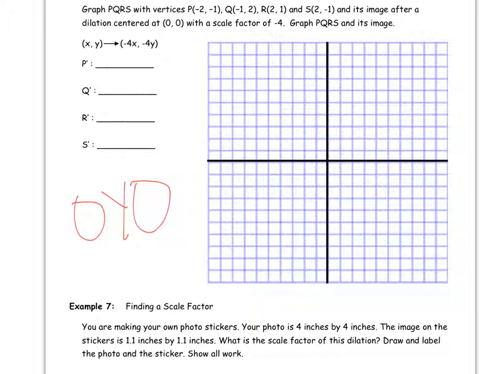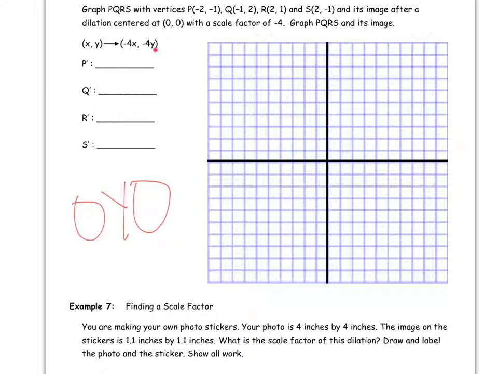Alright, so for this next example, you're going to graph PQRS first, and then you're going to graph its image after you have a dilation center at 0, 0. So you have a center at the origin, so that should make it a little bit easier. But notice the scale factor is still negative 4, but no worries, we just did that type of problem in the previous one.